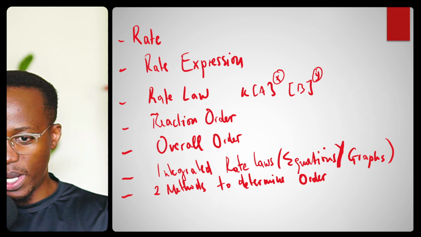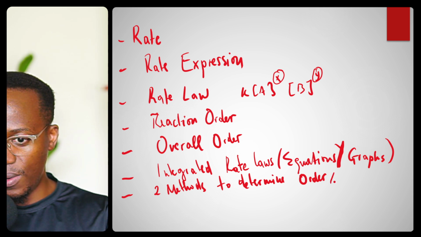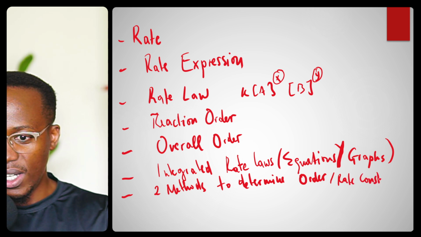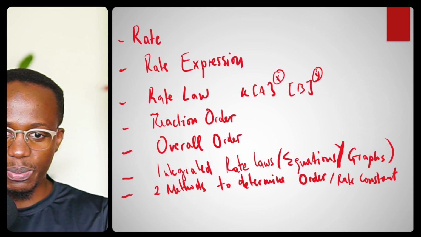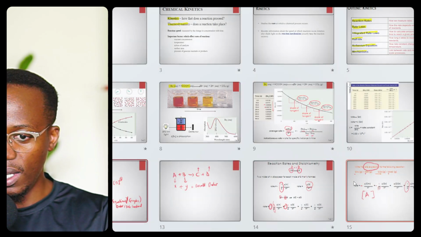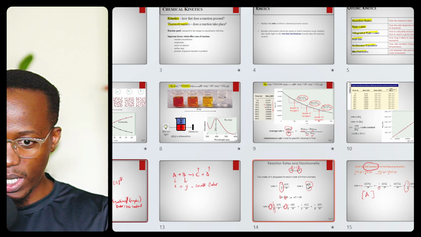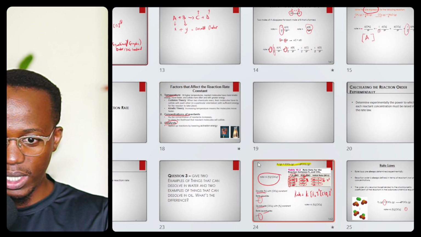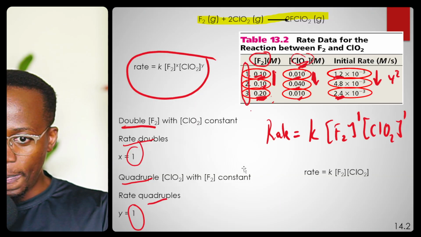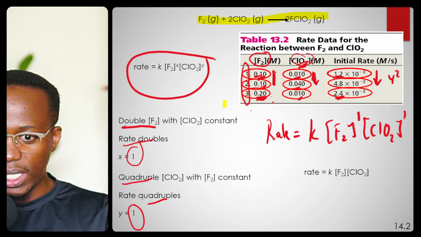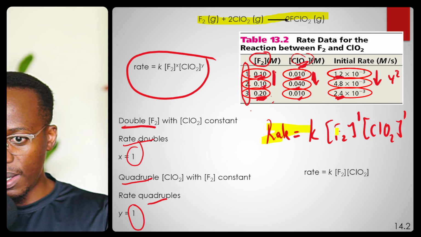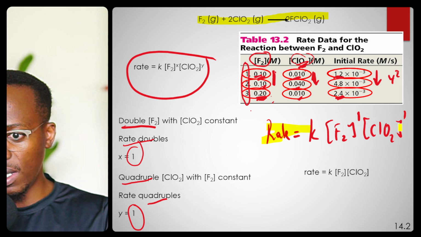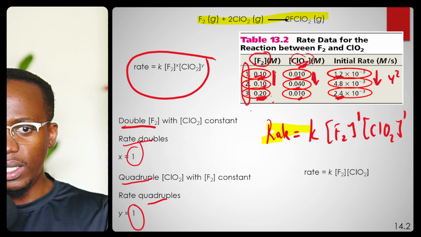And then, by the way, we can also know the rate constant. If we don't know the rate constant of a reaction, we can experimentally calculate it. Let's go back and look at this. If you already gave me the rate law, so the rate is equal to the constant times F2 to the first, ClO2 to the first, guess what?